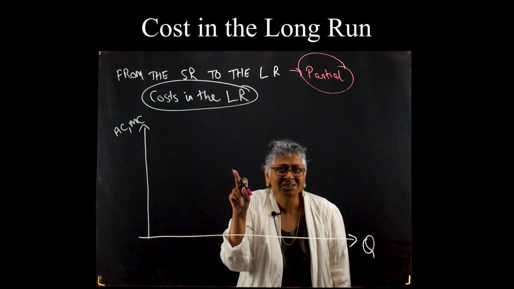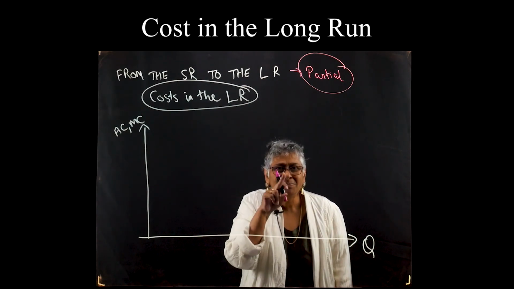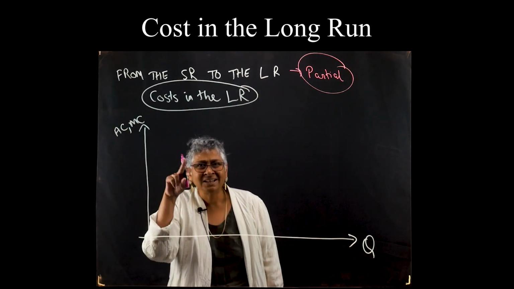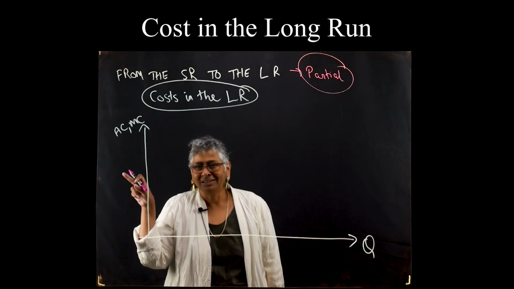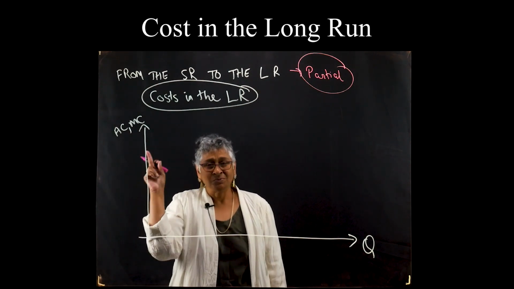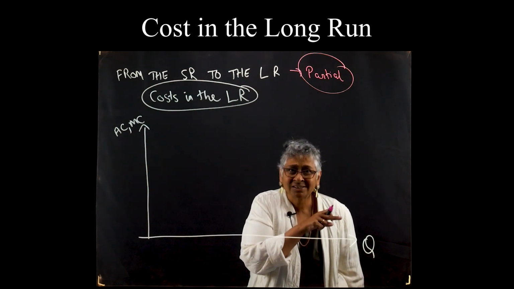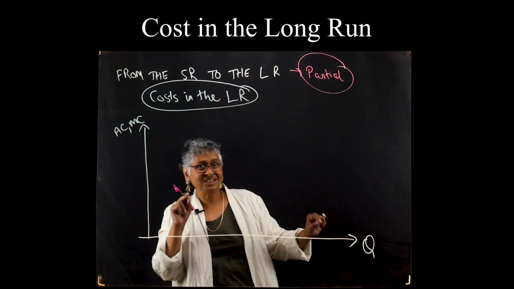Remember, technology was ceteris paribus? It was one of those things that was ceteris paribus, which means that technology was given when I did my marginal productivity curves, marginal and total productivity curves, and therefore it was fixed when I did my cost curves. And each time I changed my ceteris paribus, I had to change the entire curves.